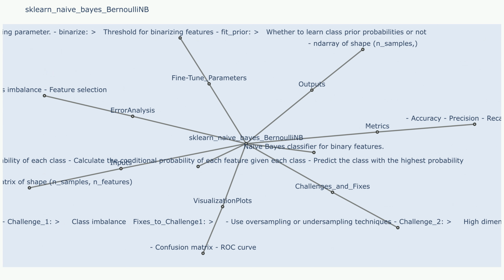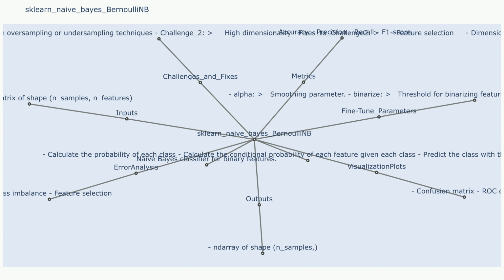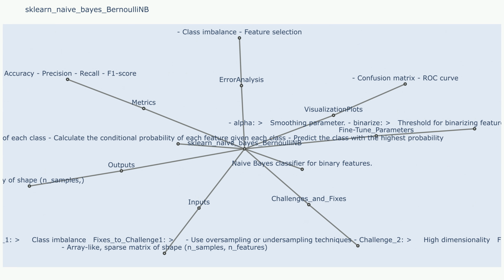Metrics. Accuracy: the proportion of correctly classified data points. Precision: the proportion of correctly classified positive samples among all predicted positives. Recall: the proportion of correctly classified positive samples among all actual positives. F1 score: the harmonic mean of precision and recall. Visualization plots.